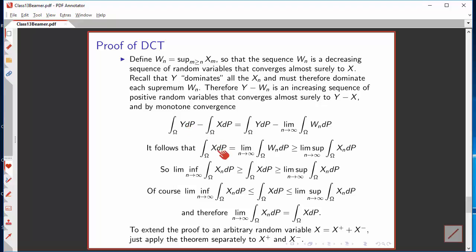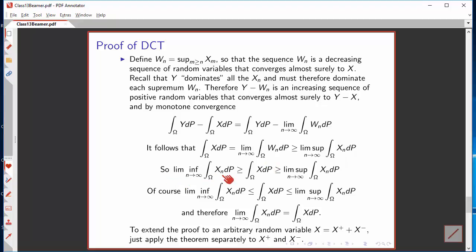I can cancel that out and say what I've shown is that the expectation of x is equal to the limit of the expectation of the w sub n's, but since the w sub n's are necessarily suprema of x sub n's, then this is going to be greater than or equal to the lim sup of x sub n.